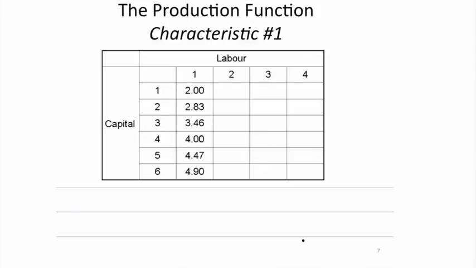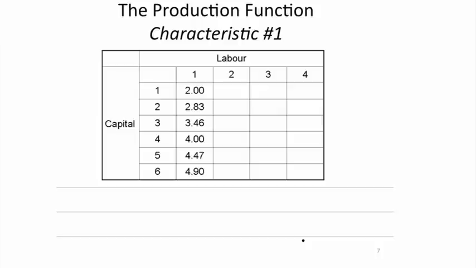In a production table, what we do is essentially conduct an experiment where we vary the amounts of labour and capital whilst holding any and all secondary factors of production unchanged, and then we record what happens to the output that can be produced. So just to repeat, in a production table, we vary the amounts of labour and capital available to the firm, we hold all secondary factors of production constant, and then we record how much output is then produced.